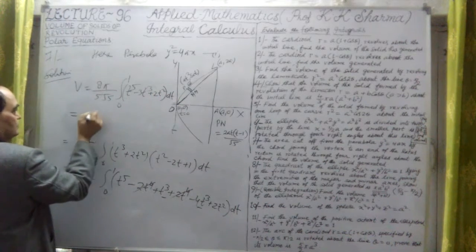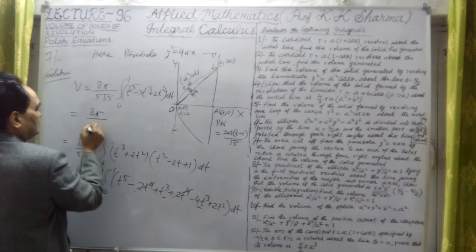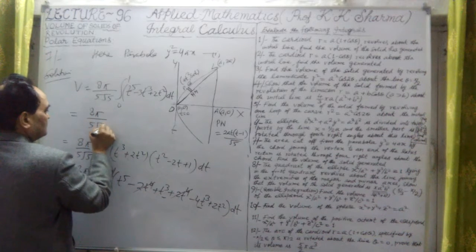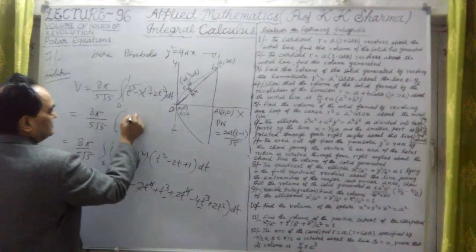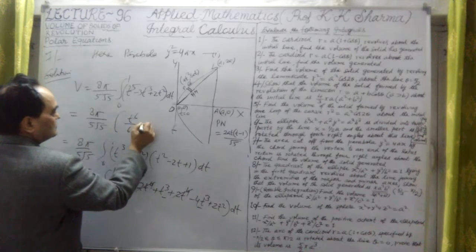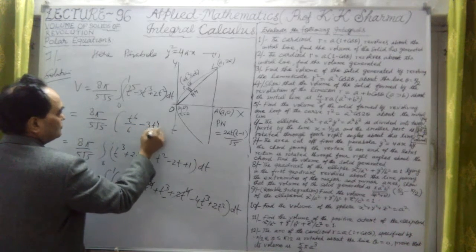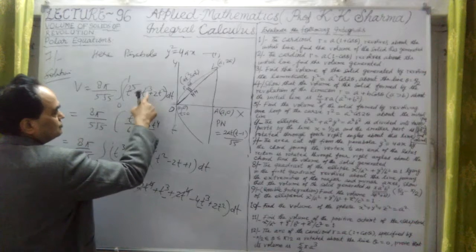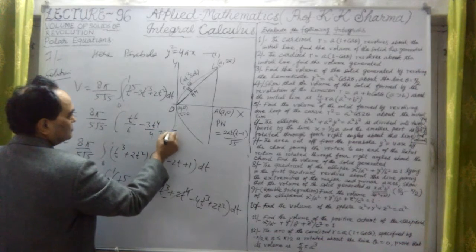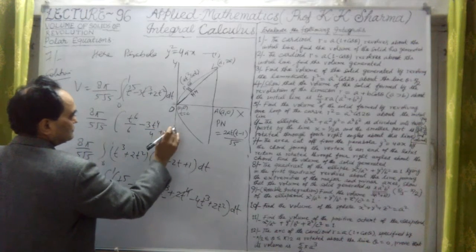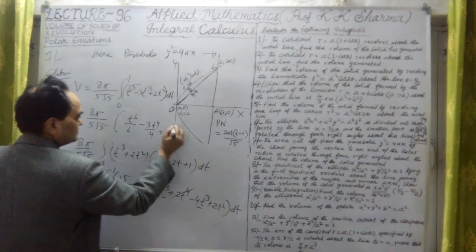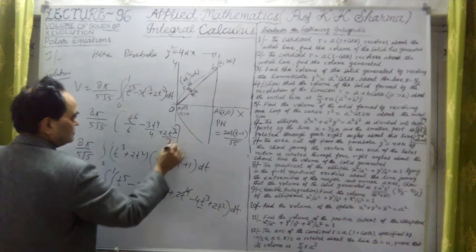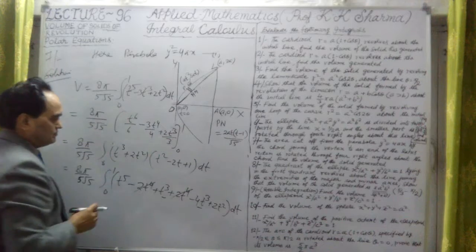So integrating this further, 8π upon 5√5, integration will be t⁶ upon 6 minus 3t⁴ upon 4, t³ is integrated as this, plus 2t³ upon 3, t² is integrated as this, t³ upon 3, in 0 to 1 limit now.